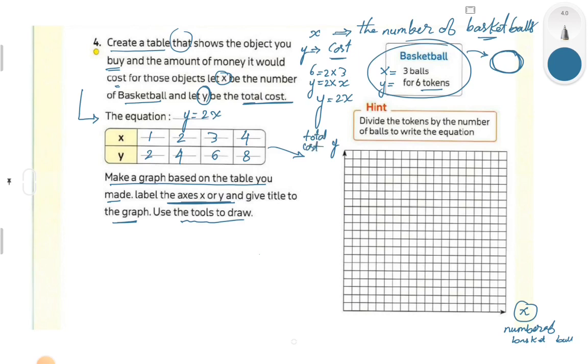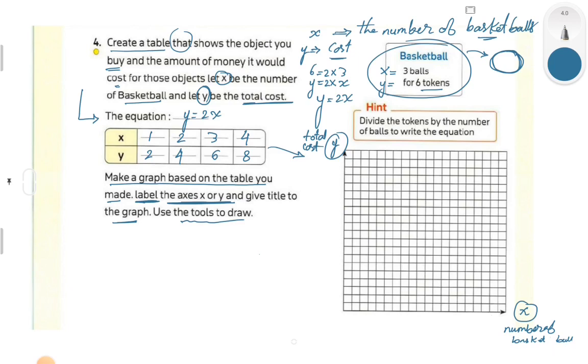That's called the label of the axis x or y. So axis y is total cost, axis x is number of basketballs.